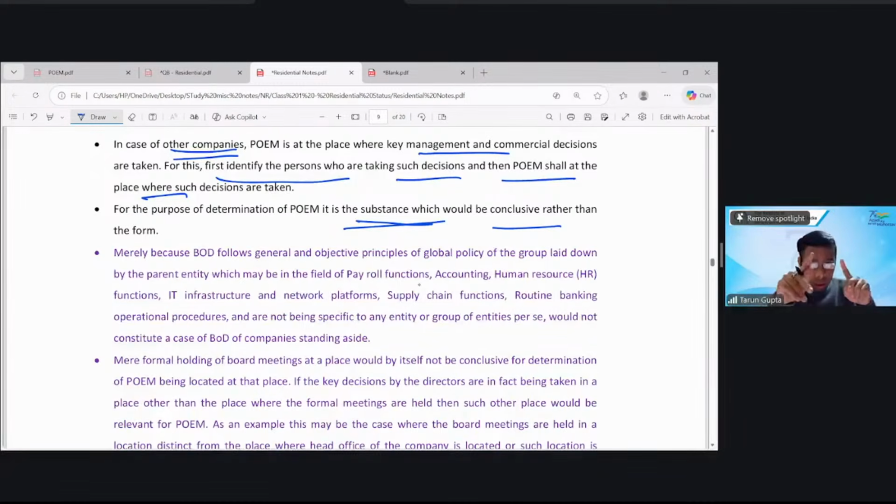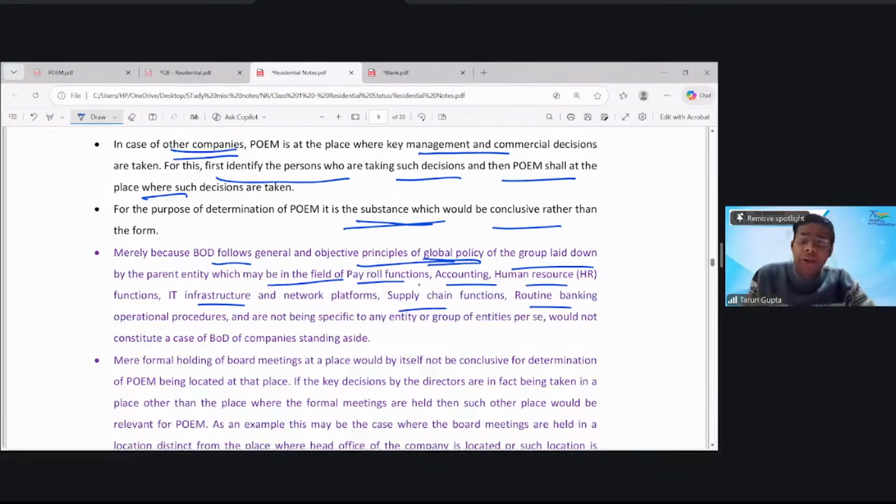So all these things don't mean that the board is not doing its function. The board is following the global policies, and such policies are for all the countries, not specifically for a country. Then it doesn't mean that the board is setting aside. So what they say: merely because the board of directors follow the general and objective principles of global policy of the group laid down by the parent entity, which may be in the field of payroll, accounting, human resource, IT, supply chain, or routine banking operation.